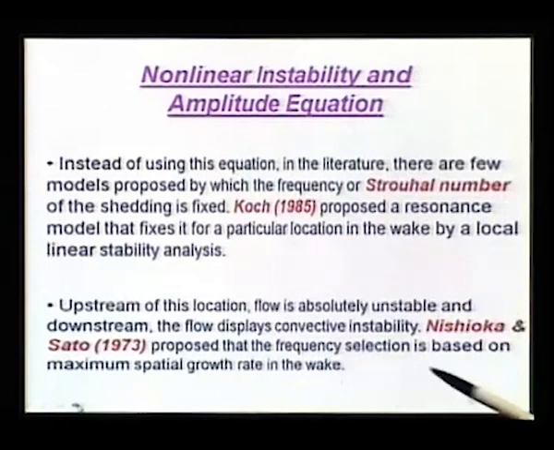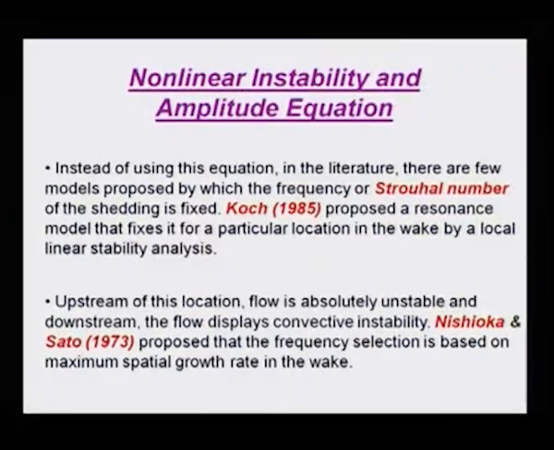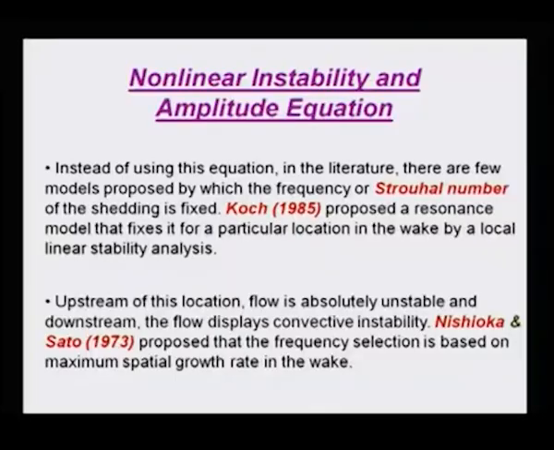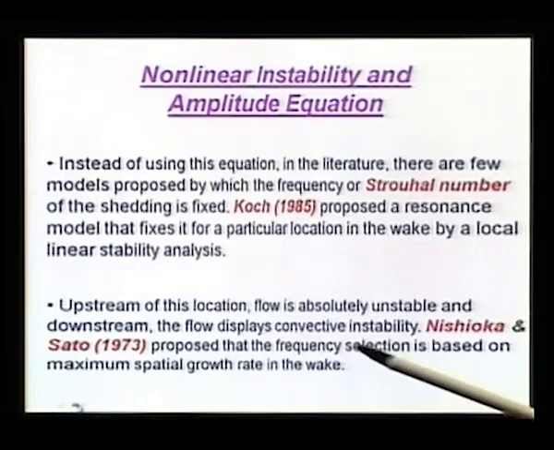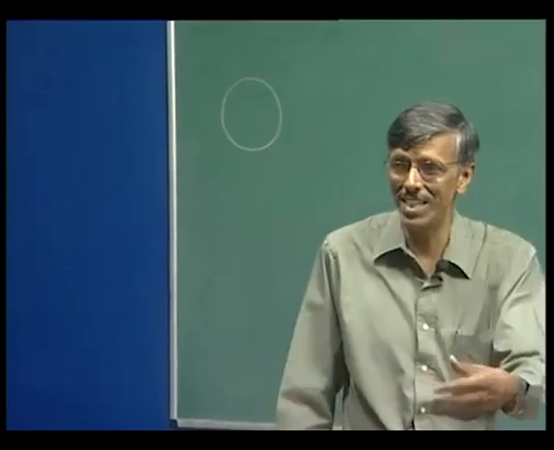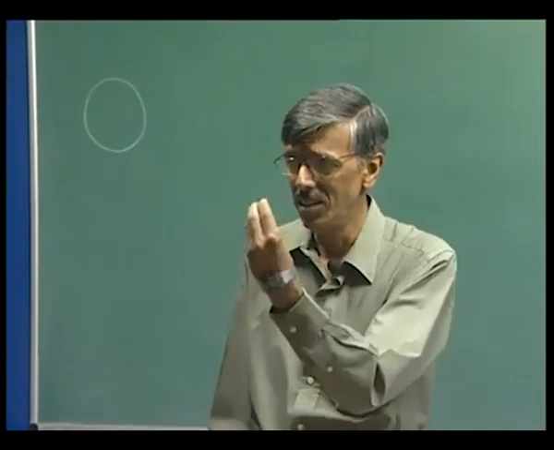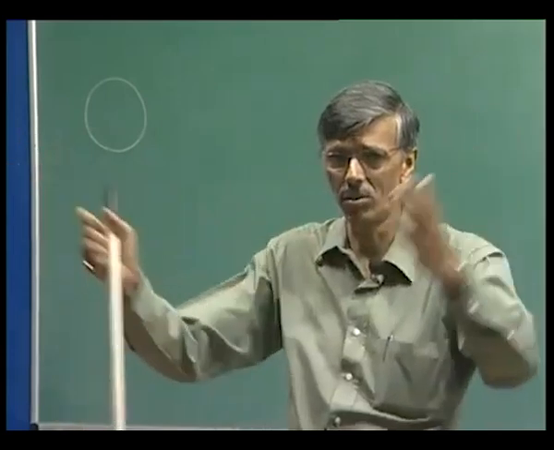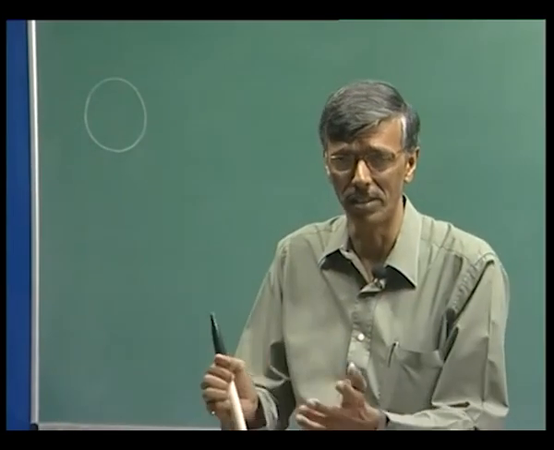Note that earlier Nishioka and Sato, they also have come to a similar point of view. They say that if you are looking at this particular location, flow is absolutely unstable. What is absolute instability? Absolute instability here is something like you are located at a fixed location and the disturbances are growing in all directions.